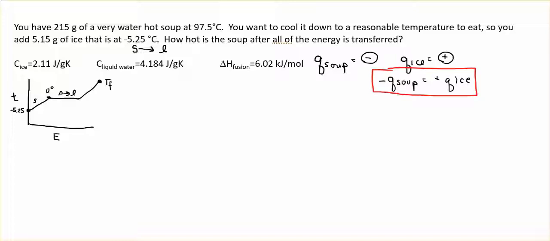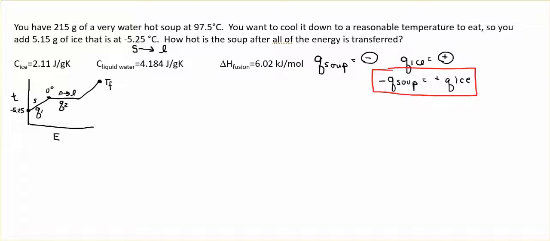Ramps are Q equals MC delta T. Plateaus use stoichiometry, and in this case we would use the delta H of fusion because we're talking about solids to liquids. And then we have another ramp here that is Q equals MC delta T. So I'm going to label these Q1, that's the energy that it'll take to get the ice from negative 5.25 to 0.